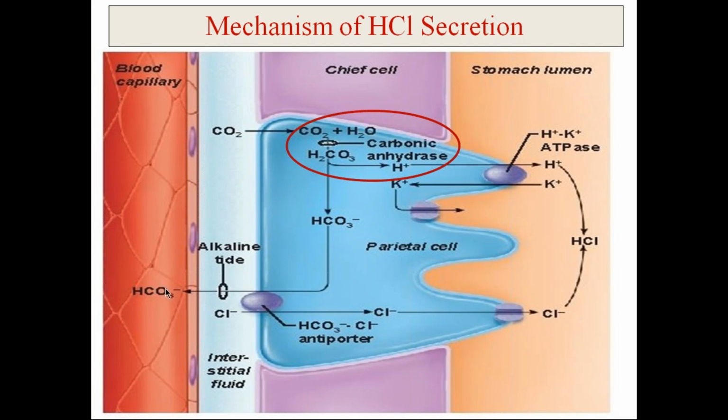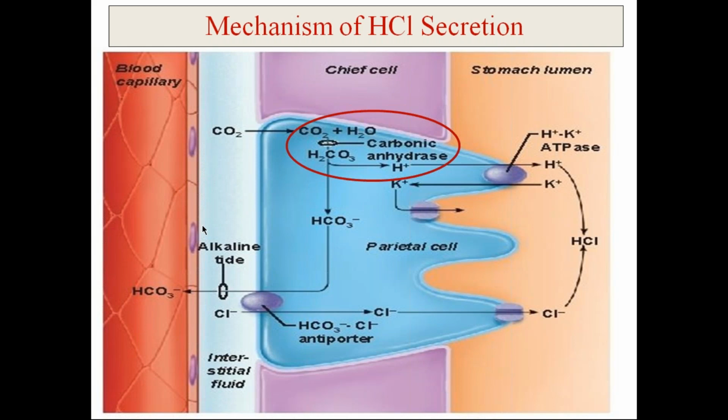Bicarbonate goes into the bloodstream by the bicarbonate chloride antiporter, and because bicarbonate is alkaline in nature, this is known as the alkaline tide. When you eat food, the venous blood pH may increase slightly, and this is known as the postprandial alkaline tide.